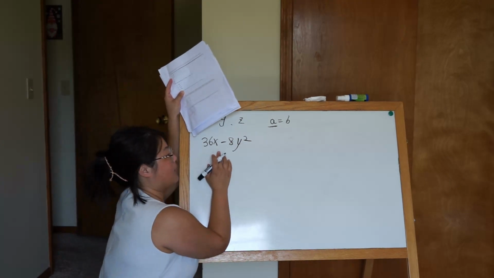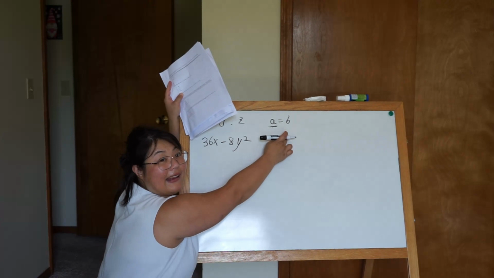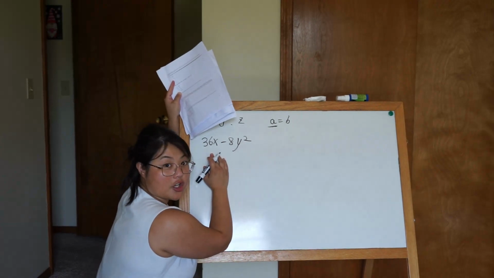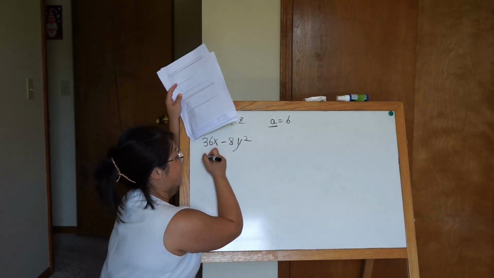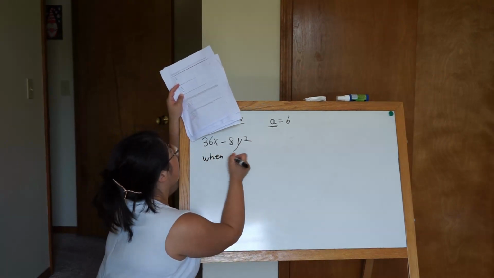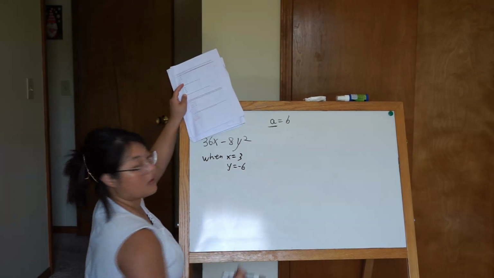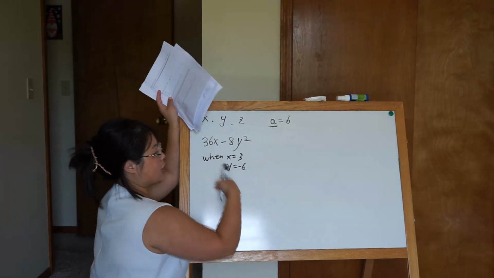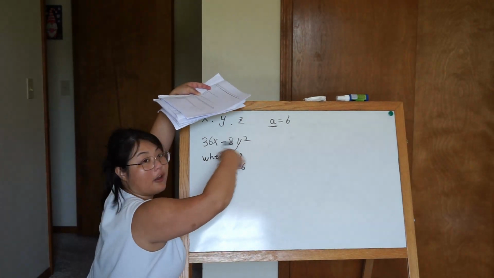This is the expression of x and y. It's not necessarily an equation in here. It's only half of the equation. However, it gave us a condition: when x equals 3, y equals minus 6. So in here we have two unknown numbers, right?